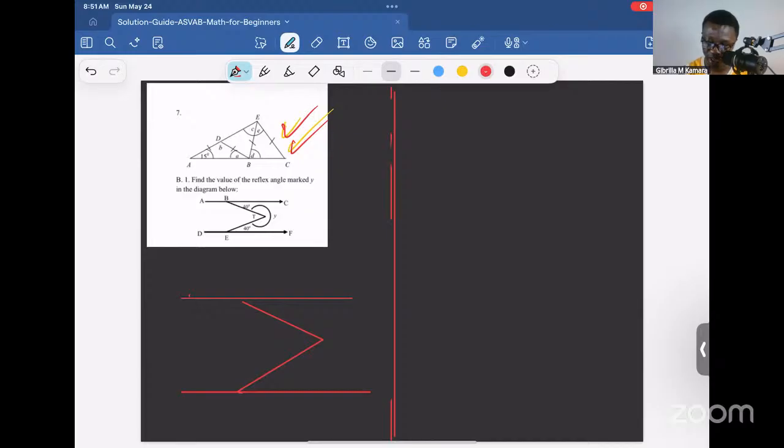Yes, so we are given this angle here and we are given this other angle. This is giving us 40 degrees. And this again is giving us 40 degrees. We are asked to calculate this angle, as Y.